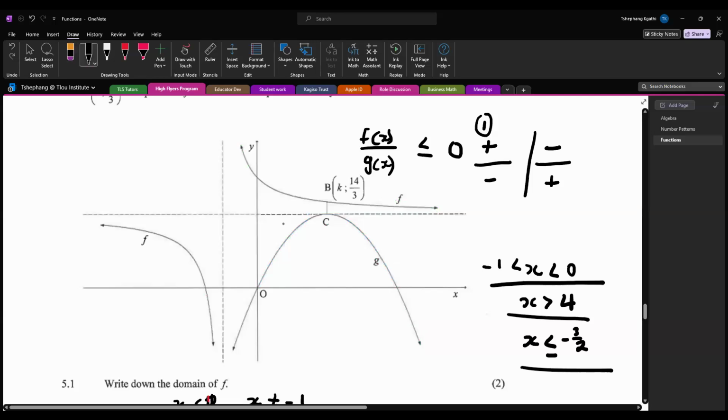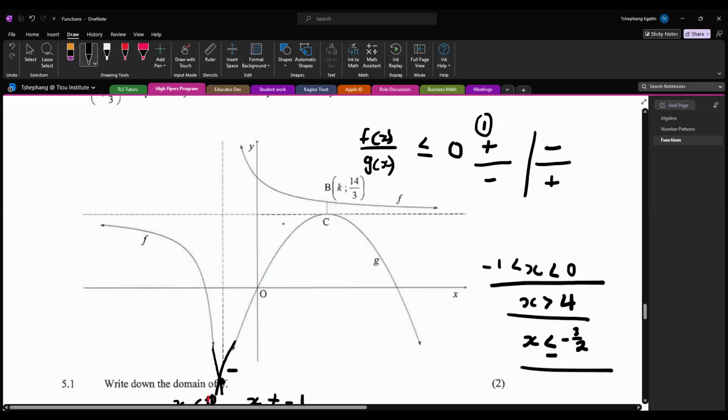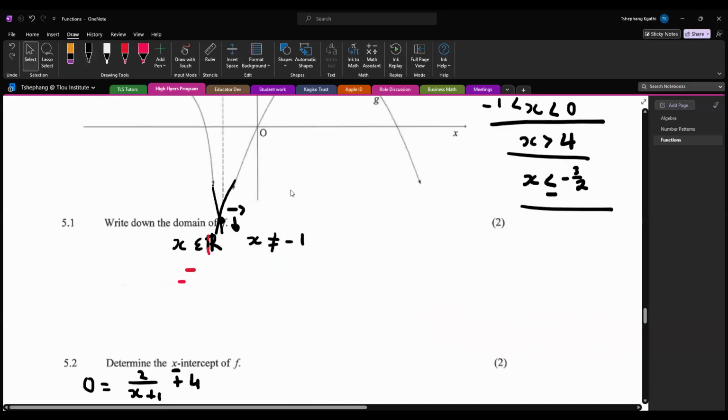The graphs were intersecting somewhere at this point here, because F is going to come there, and G is also going to come there. Now, what we're doing is shifting this to the right, and also shifting it down.